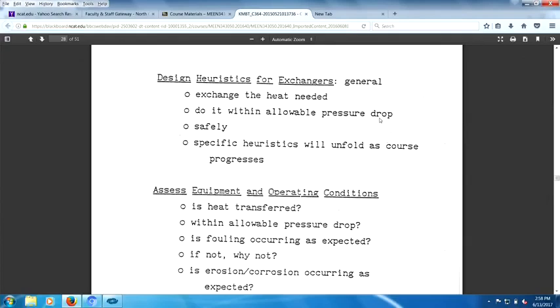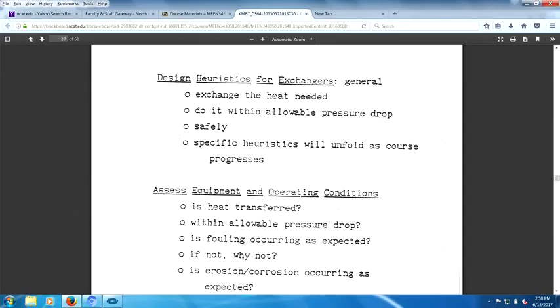Now, all of us pay a power bill at the end of the month, right? Our electric bill, that's a power bill. So it takes power to run a heat exchanger, and it costs you. And it's volumetric flow rate times pressure drop that will give you the power requirements to run the heat exchanger.